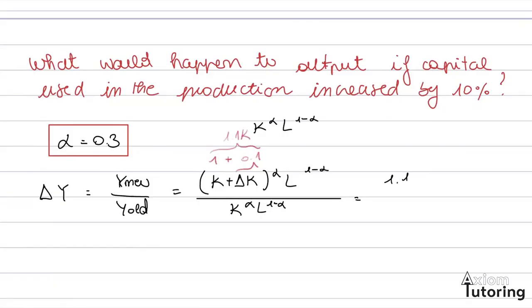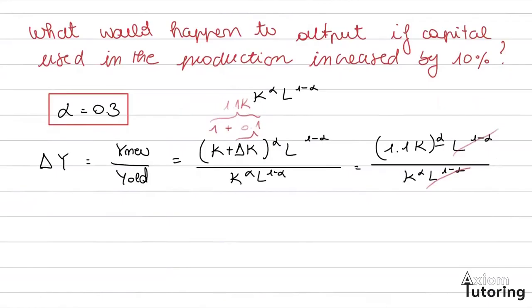So if we rewrite 1.1K to the power of alpha times L to the power of 1 minus alpha over the original production function, then we can simplify the L very easily, and following the laws of indices, since we have the same exponent here, we can write everything within the same parenthesis to the power of alpha and cancel out the K, so that we are left with 1.1 to the power of alpha, which is 0.3 according to our exercise assumption.